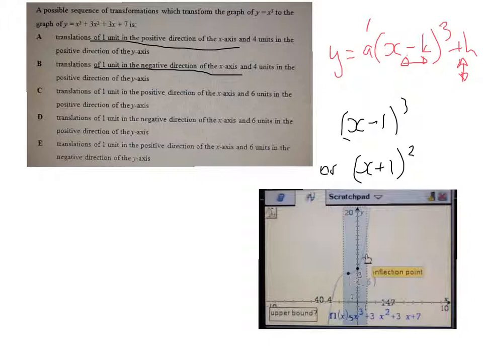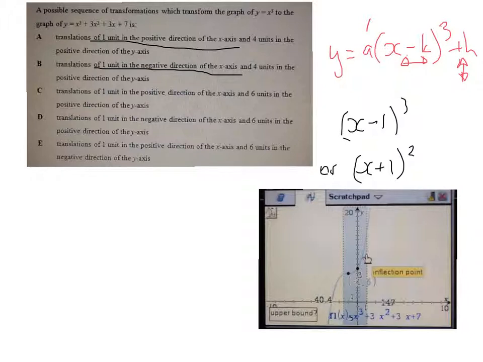I've actually gone through and calculated the point of inflection for this particular graph. The way you do that is plot the graph, press the menu button, then go down to number 6, Analyze Graph, and you'll see various options in there for zero, minimum, maximum, intersection, inflection, which is the one I used there.